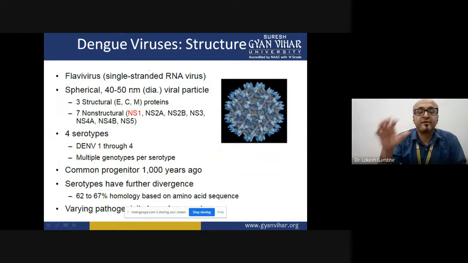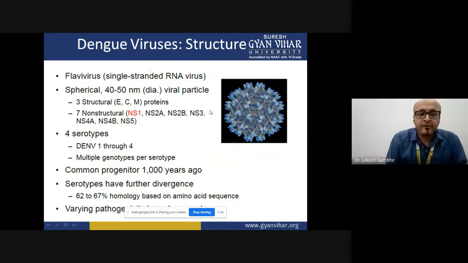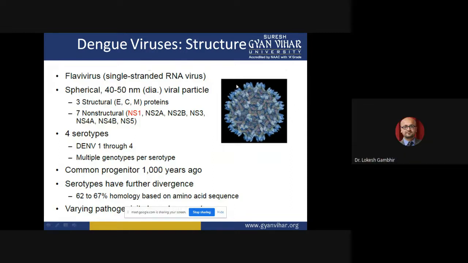Here, the spherical structure I am talking about is roughly 40 to 50 nanometers in diameter. As I said, structurally on the surface we have three types of protein, E, C and M, but there are 7 different non-structural proteins.